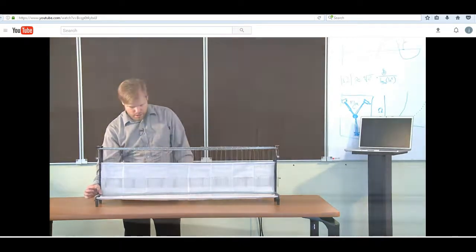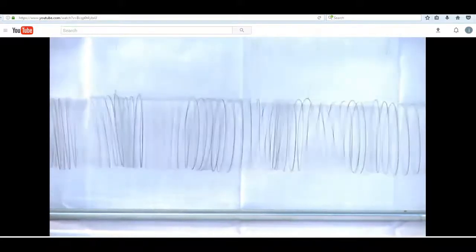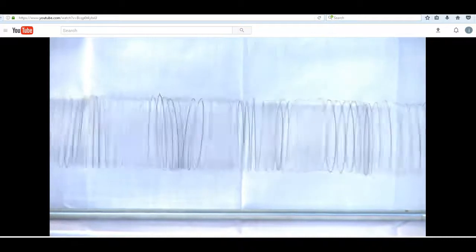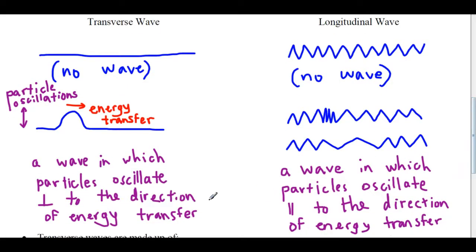The expansions are called rarefactions, and there's a rarefaction between every two compressions. So if we pause the video, here's a compression because it's darker, here's another compression because it's darker, and this spread out area in between is called a rarefaction. Let's record that in our notes.